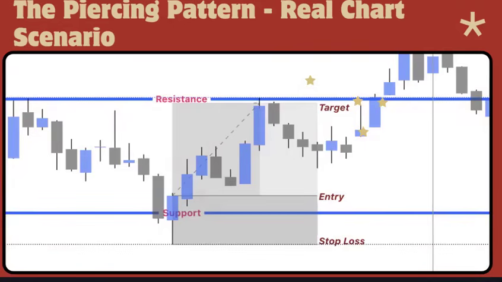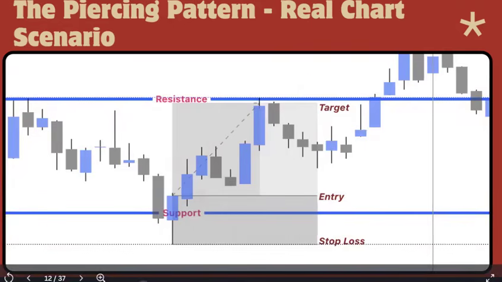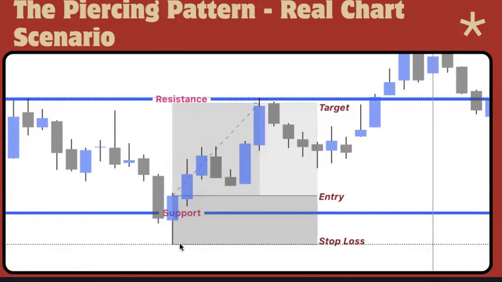Let's look at the chart. So this is a piercing pattern which appeared at a support area. The next candle is also confirming that it's still holding the bullish trend.